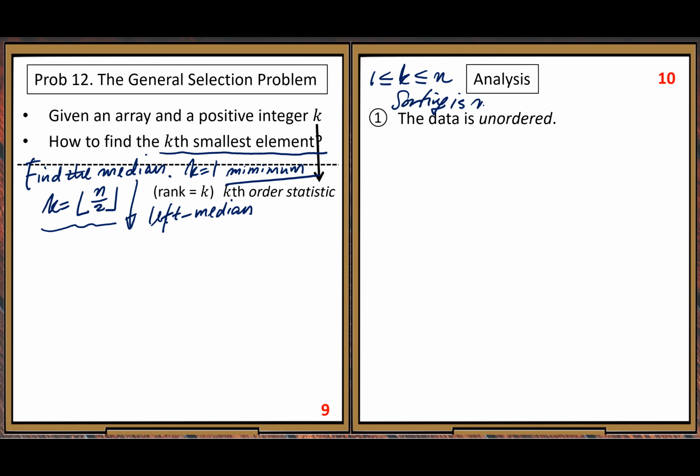Sorting is more expensive than finding the median.